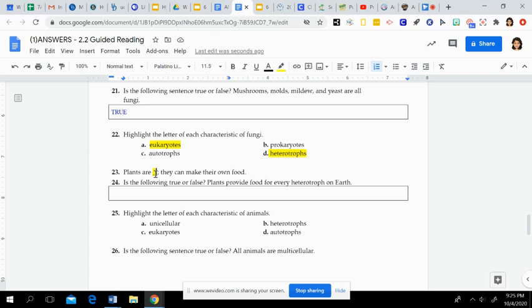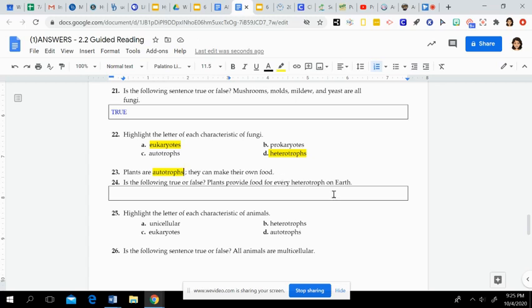Question 23 is plants are blank, which means they can make their own food. Hopefully you are remembering these terms, heterotroph and autotroph, and plants are considered autotrophs because they are able to make their own food and obtain energy from the sun.